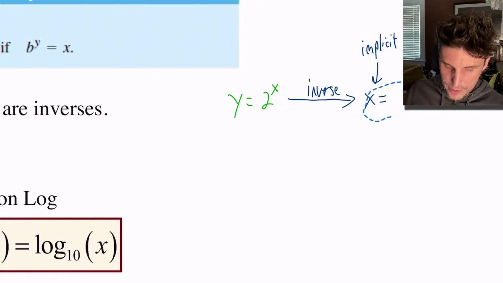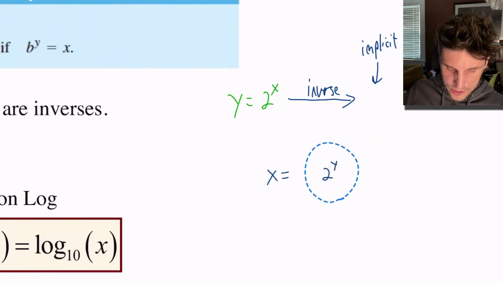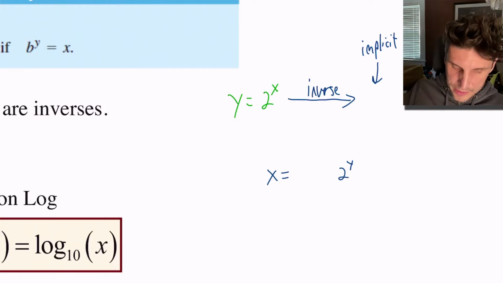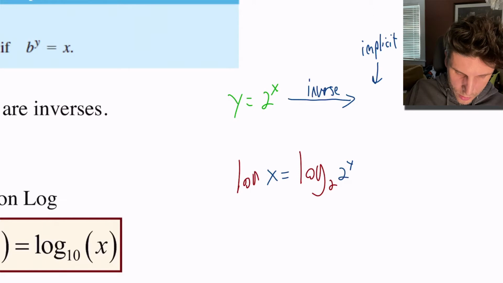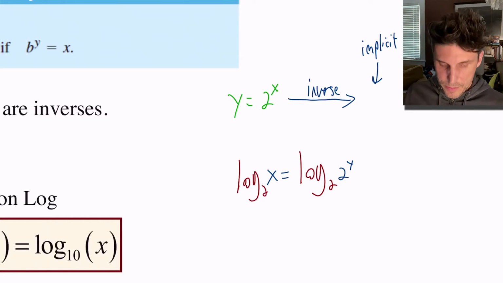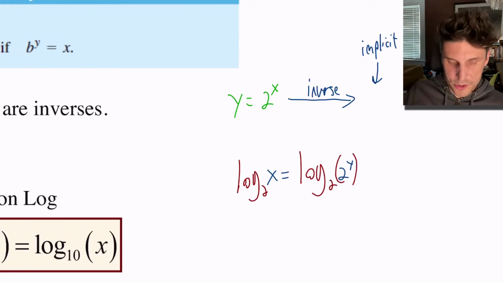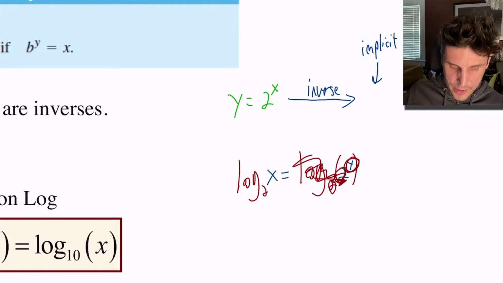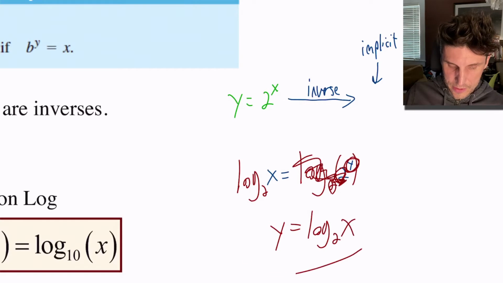And the way I would apply that inverse is I'm going to take the log base 2 of both sides. Because I know that log base 2 of 2 to the y, because they're inverses of one another and these bases match, this would go away and leave me with the argument, which is y. So now I have y equals log base 2 of x.